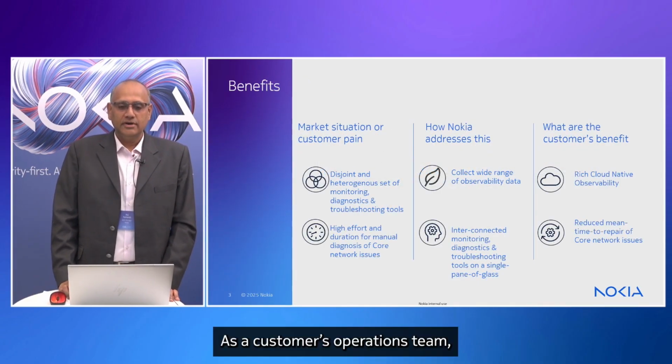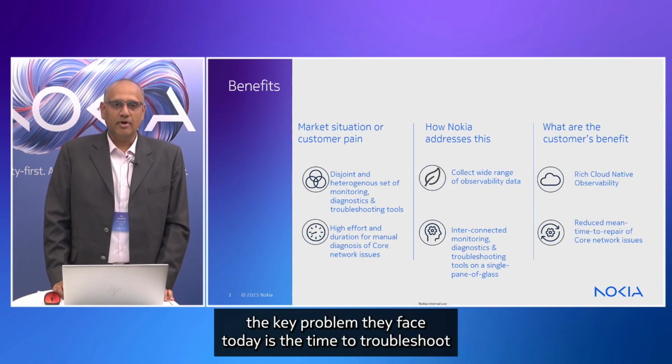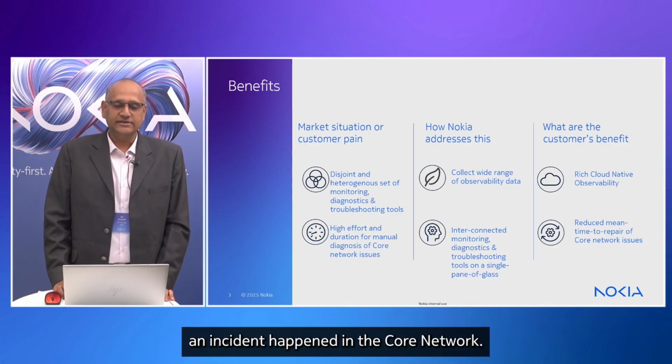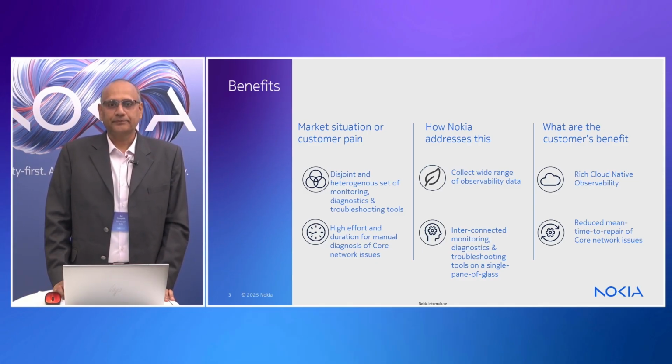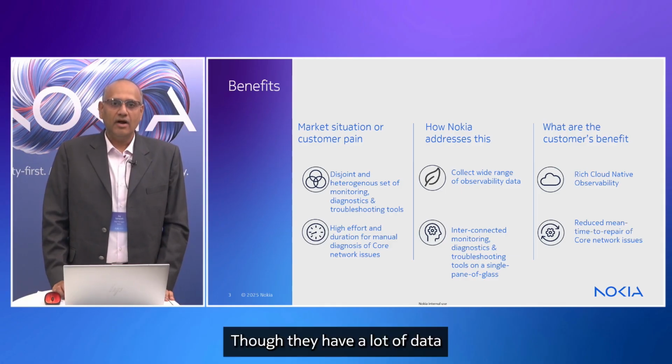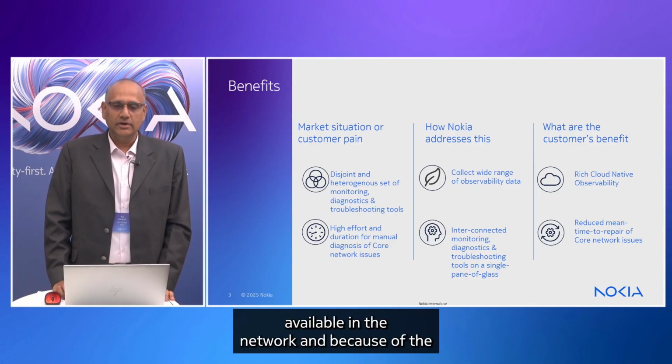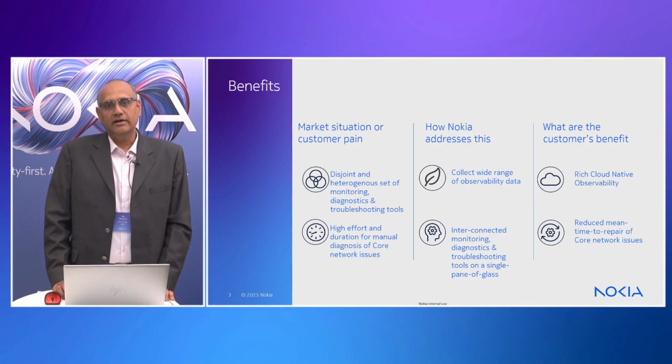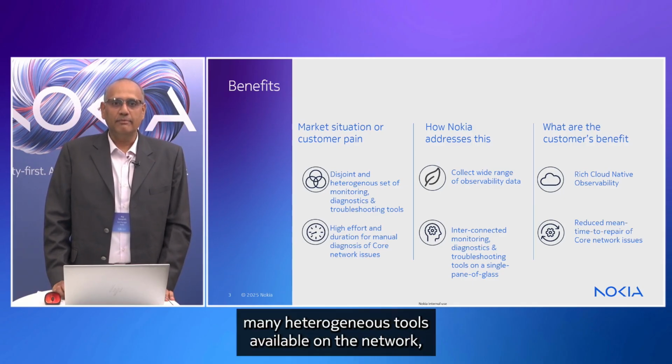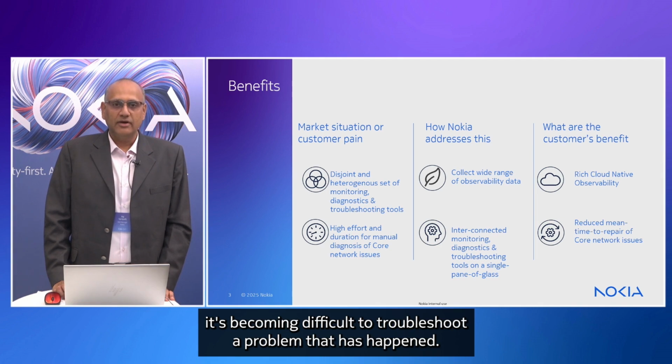As a customer operations team, the key problem they face today is the time to troubleshoot an incident that happened in the core network. Though we have a lot of data available in the network, because of the disjoint and heterogeneous tools available, it's becoming difficult to troubleshoot a problem that has happened.